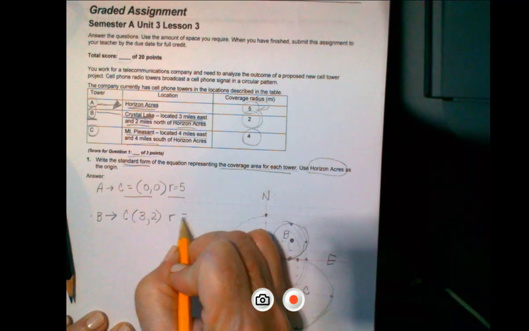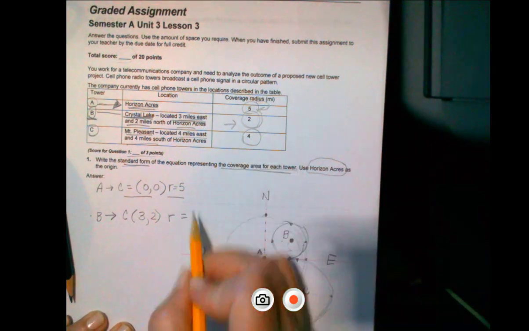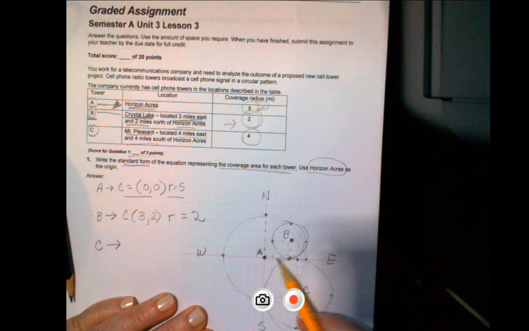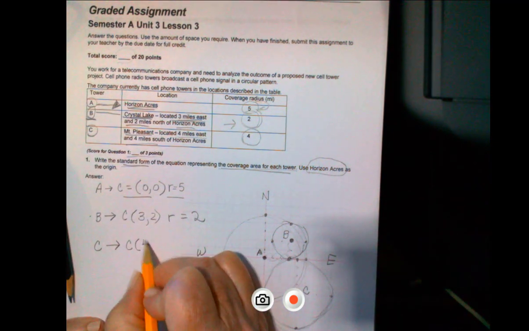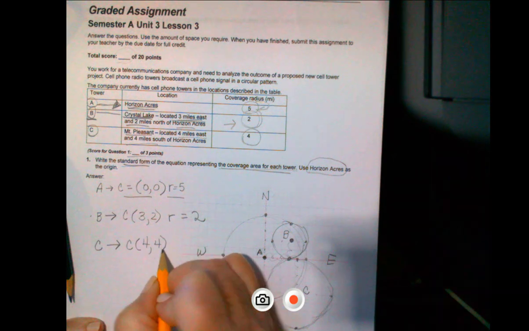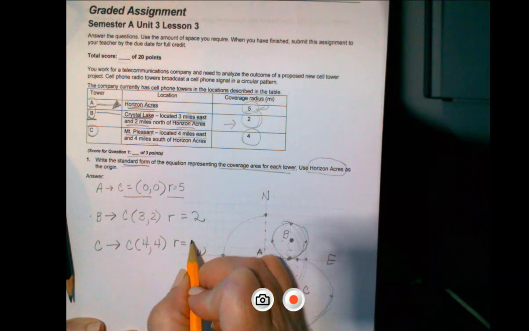The radius, we get that from our chart, is 2. Okay. And cell tower C is at Mount Pleasant, and that is 4 miles to the right, 4 miles down. So the center is 4, negative 4. The radius is 4 as well.